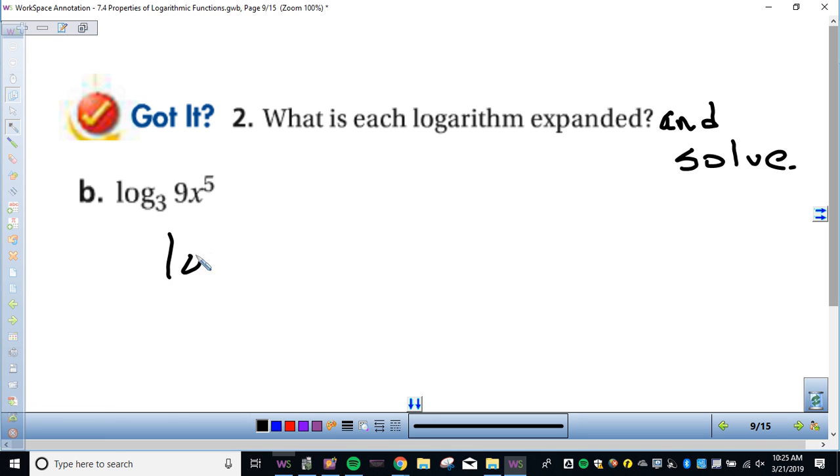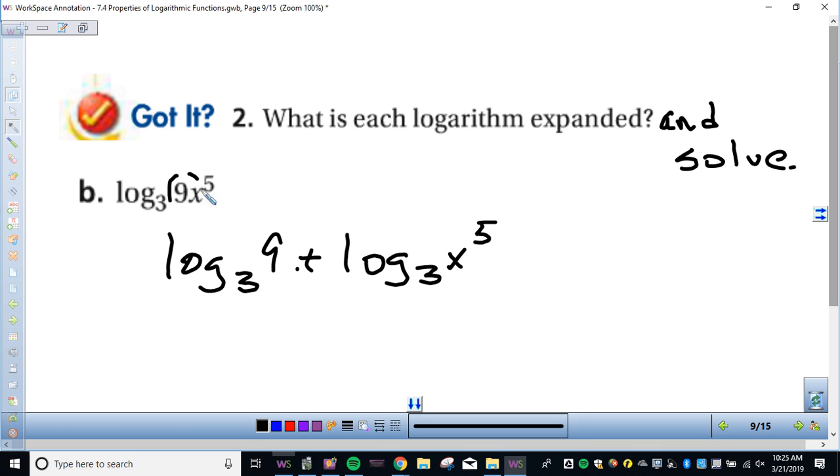We've got log base 3 of 9 plus log base 3 of x to the 5th. So where's the 5 go? So why isn't there a 5 here? You have to solve it, that's just not how you solve it. There's no parentheses.